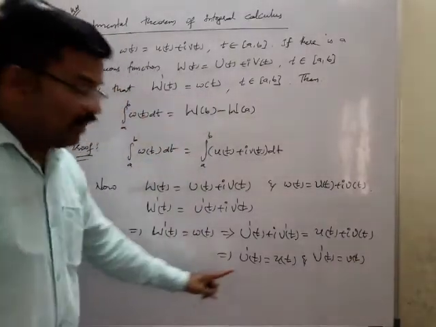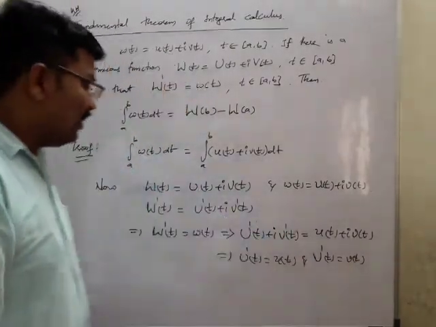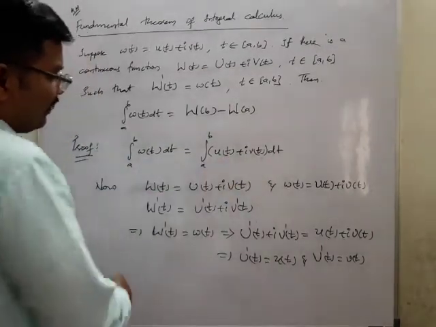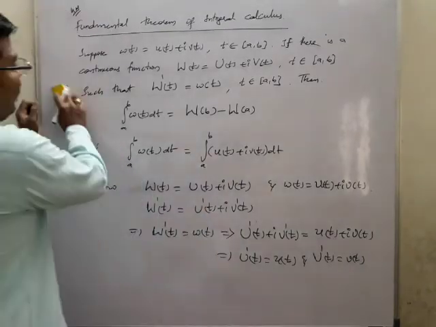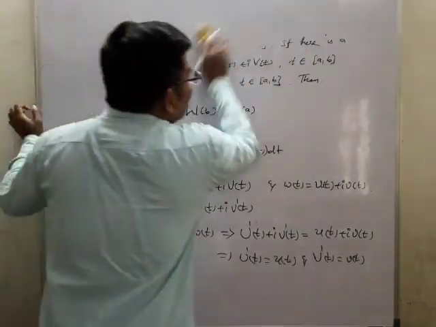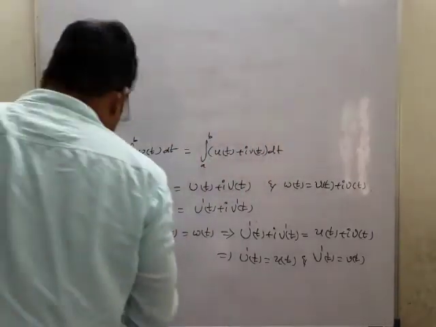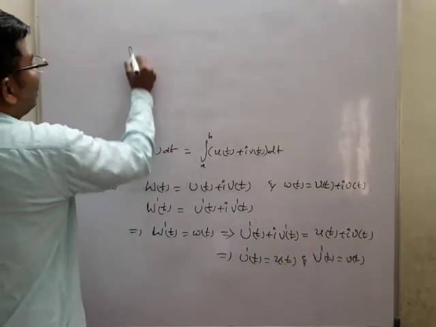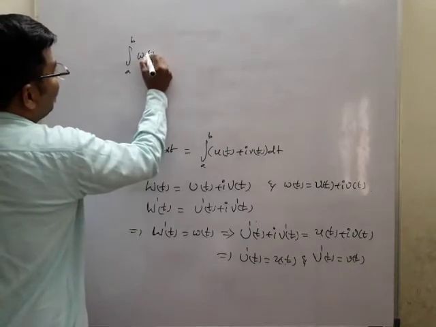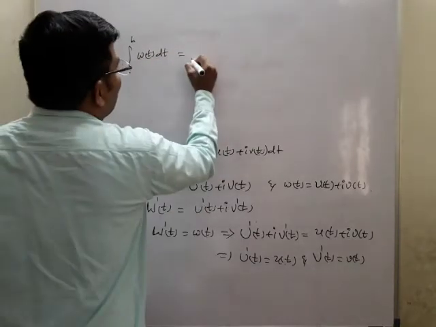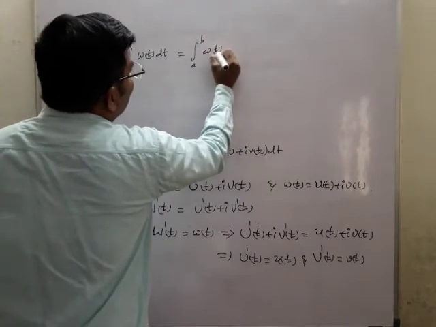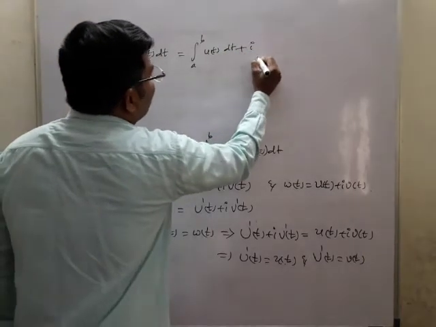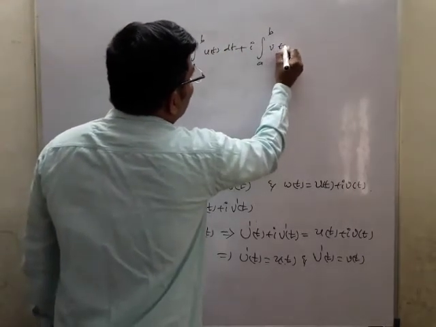You are getting u'(t) = u(t) and v'(t) = v(t). Now if you substitute the values of these two in this, wherever u(t) is there, you can substitute u'(t), and wherever v(t) is there, you can substitute v'(t). So I am writing the integral from a to b of w(t) dt is equal to the integral from a to b of u(t) dt plus i times the integral from a to b of v(t) dt.